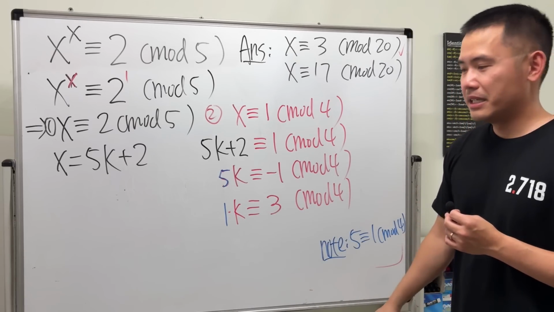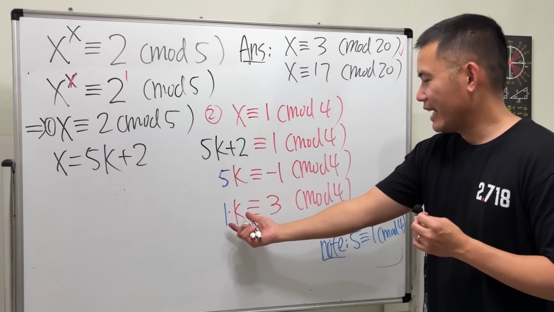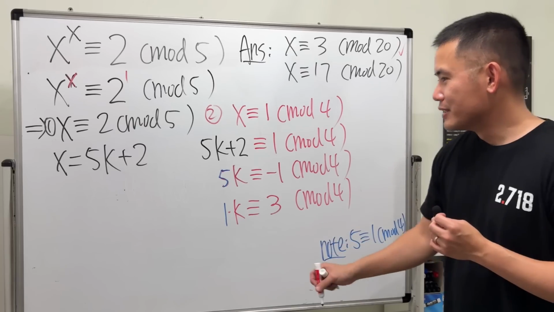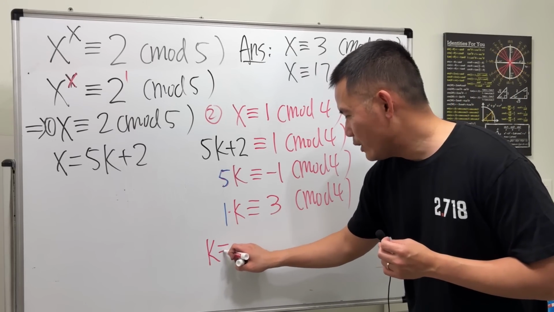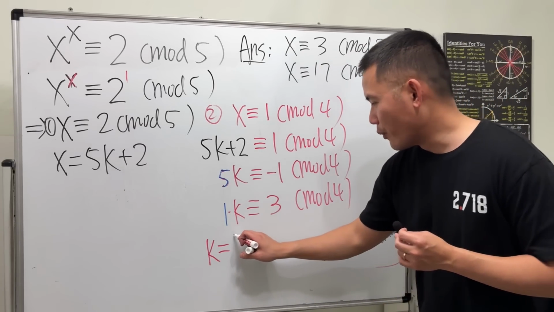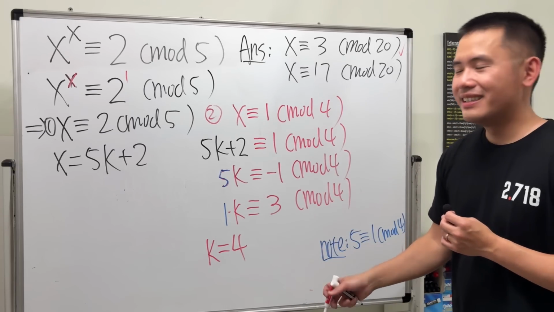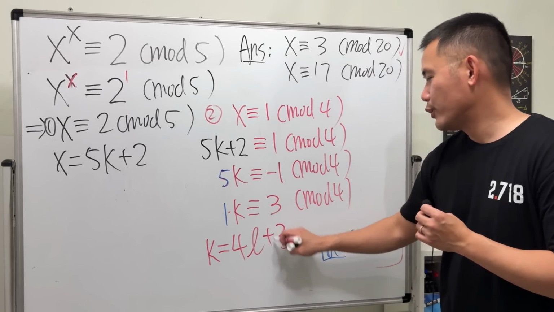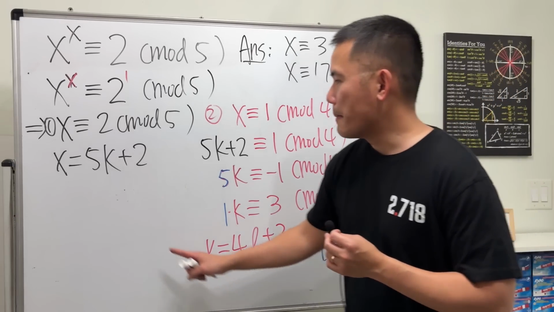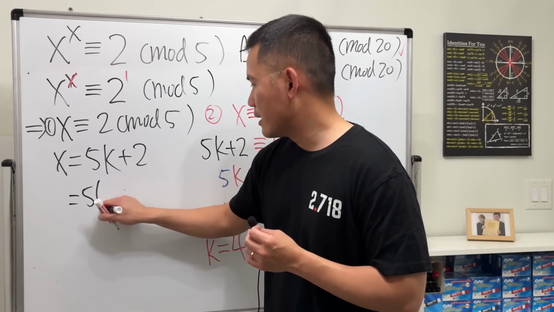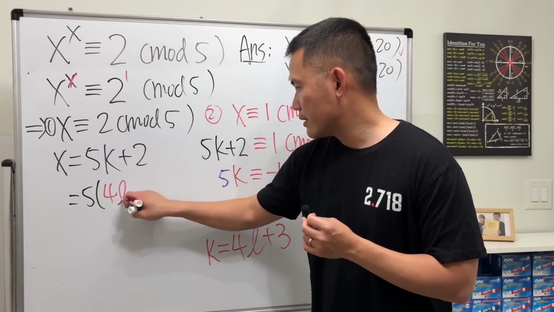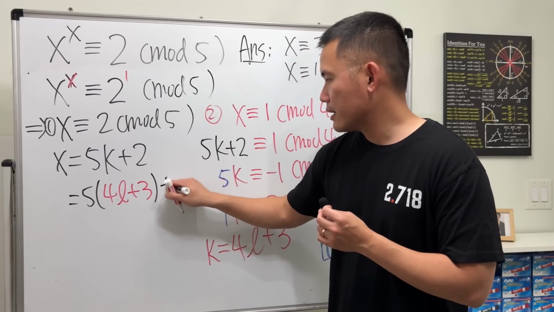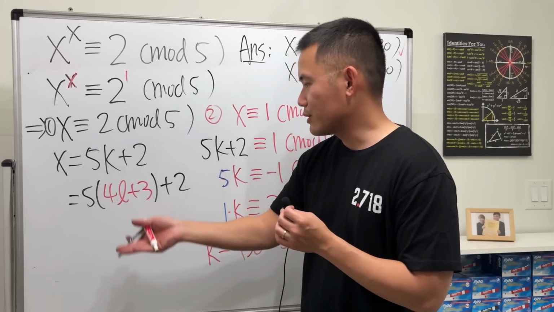Just like that. Now, this means k is congruent to 3 mod 4, so we can say k is equal to some multiple of 4. I used k already, so let's use L, which is also an integer, and then plus the remainder 3. And then I'm going to put that back here. And then let's just simplify it.